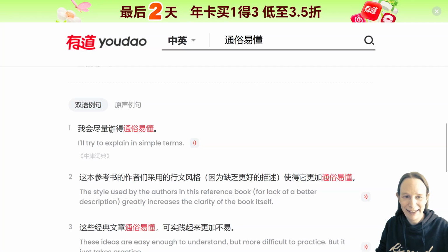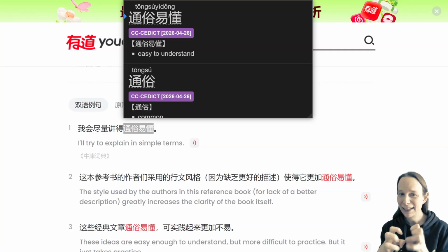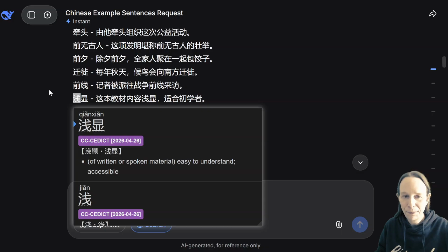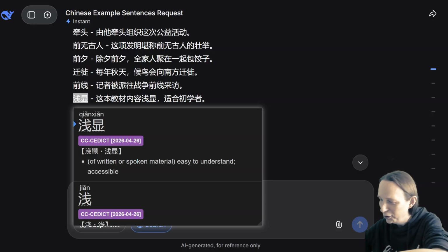Like explained in simple terms. 讲的通俗易懂. Yeah, so easy to understand because it's explained using simple terms. And not like legal jargon, etc., etc. Okay, so 浅显 is in that ballpark. All right. Oh, you know, I kind of like this word. I might consider adopting it.